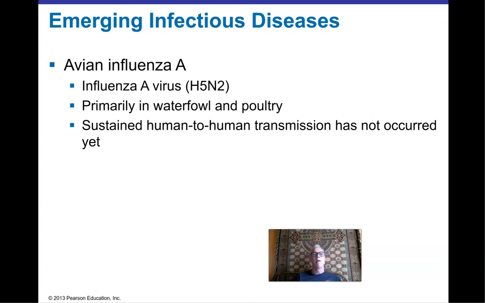Influenza, avian influenza, is becoming more of a problem. Just this year, hundreds of millions of domesticated animals, waterfowl, poultry, had to be sacrificed because of an outbreak of avian influenza.